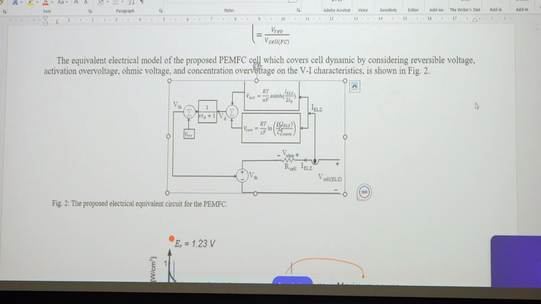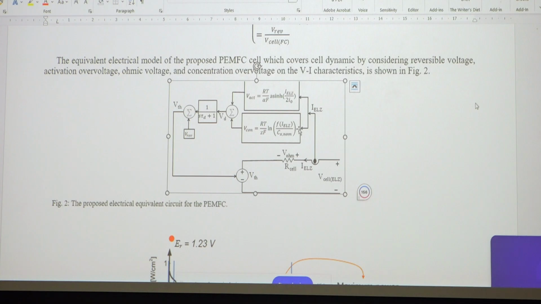Another thing we can see later, when we look at the VI characteristics of this fuel cell: when we have a sudden change in the external current profile, the voltage does not change instantly.